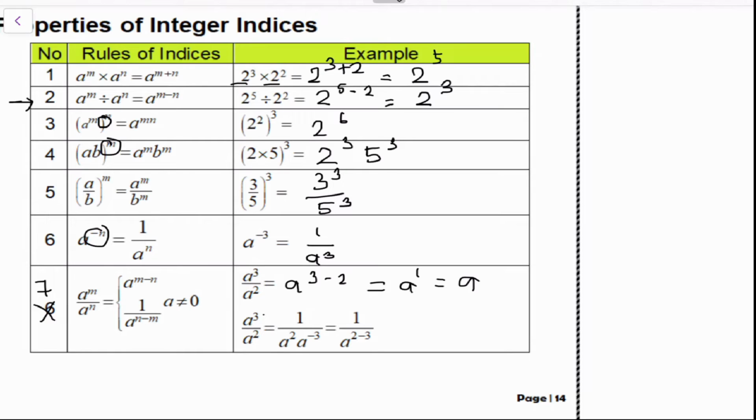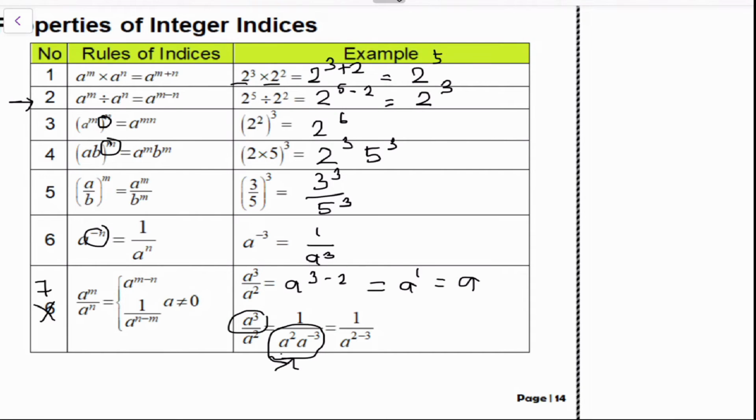There is another way for you to solve these indices. When you have a negative index at the numerator, it will turn to a positive index when you put it in the denominator. But if you have a positive index, it will turn to a negative index when you put it in the denominator like this. So now you will have the operation multiplication.